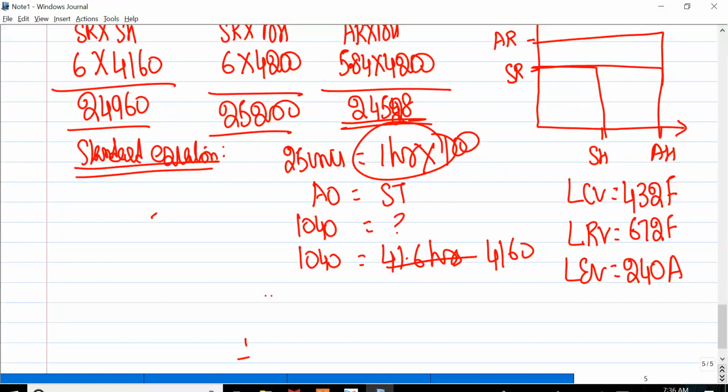Can we proceed? Any doubts on this? Can I proceed? Clear? Anybody has any doubts on this? Done? Okay, same problem we are going to rework as if it is there in the question.